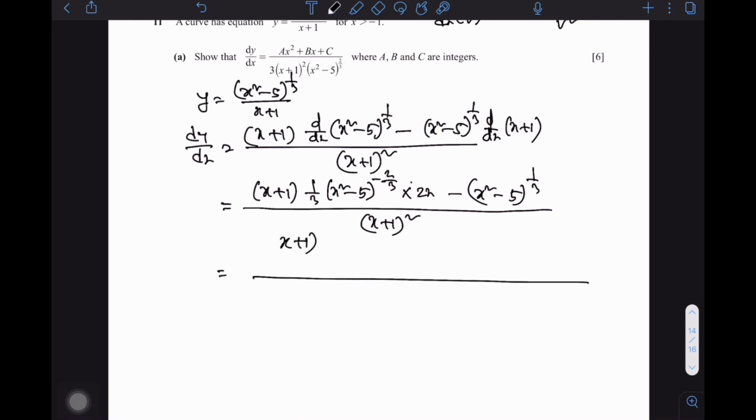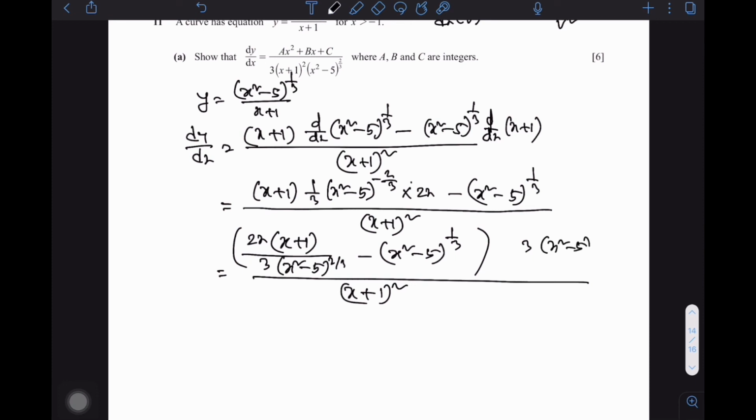X + 1, 2x divided by 3 (x² - 5)^(2/3), minus (x² - 5)^(1/3). 3 down it is same. Multiplying numerator by 3 times (x² - 5)^(2/3) and denominator also 3 times (x² - 5)^(2/3).